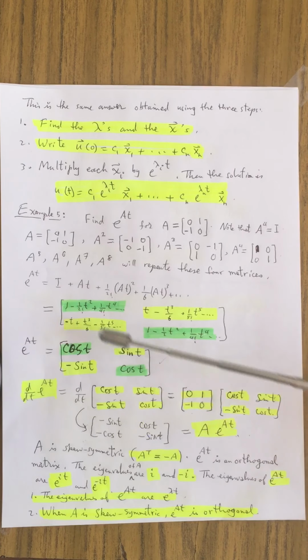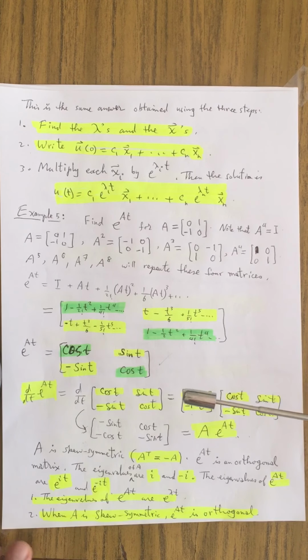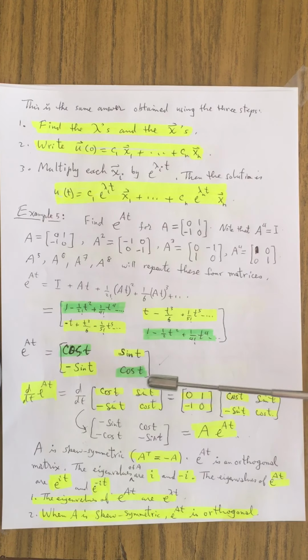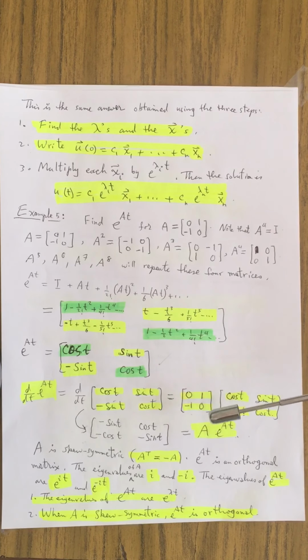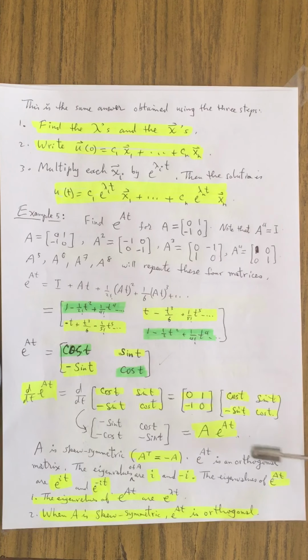If we take the derivative of this matrix with respect to time, we see that we will get the matrix A, which we had before, which is [0, 1; minus 1, 0], times the matrix e to the At. So it is A e to the At. So it satisfies the differential equation.